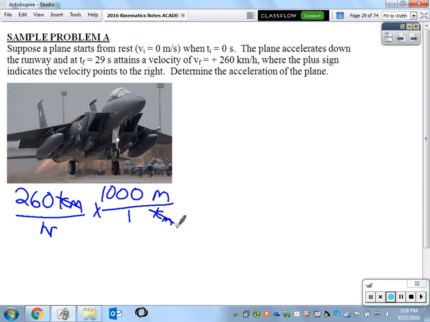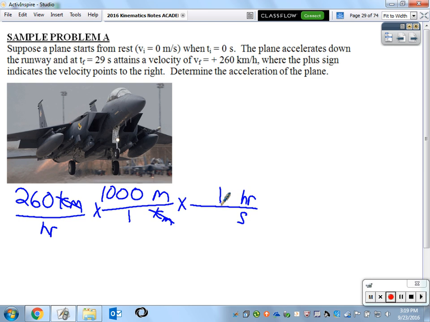Close, just not there. Then we need to convert our value of time. Since the hours are in the denominator here, where do the hours need to be in our final ratio? In the numerator. And then we would have seconds. So we need to figure out how many seconds there are in an hour. How many seconds are there in a minute? 60. How many minutes are there in an hour? 60. 60 times 60 is 3,600, correct?